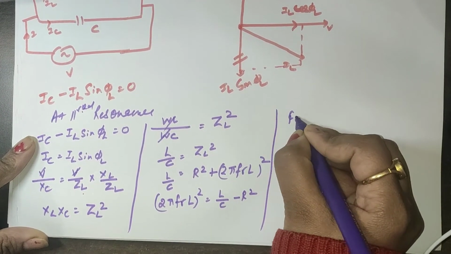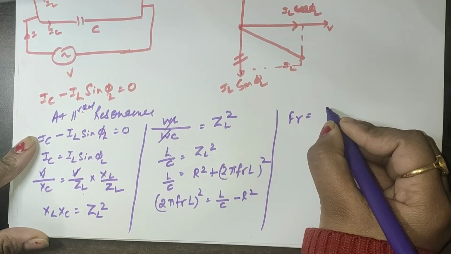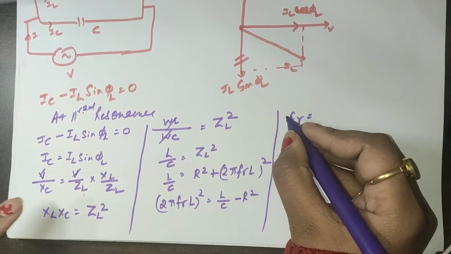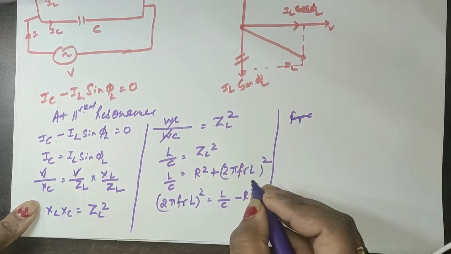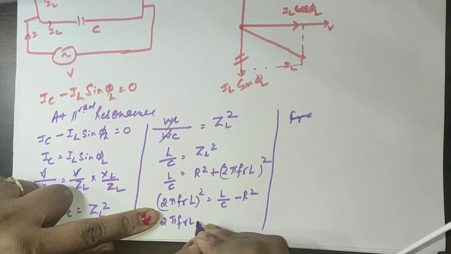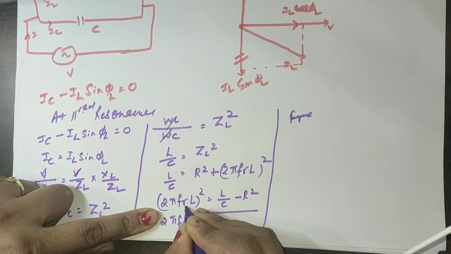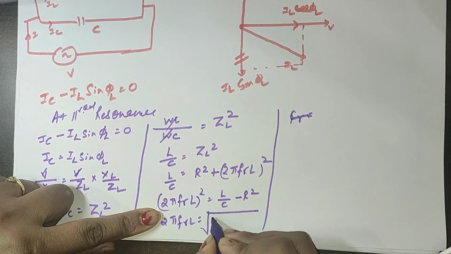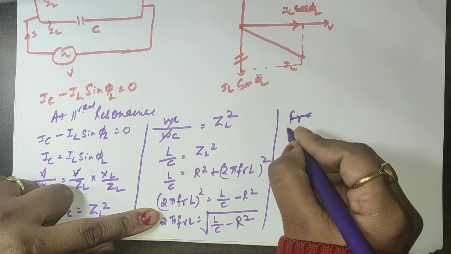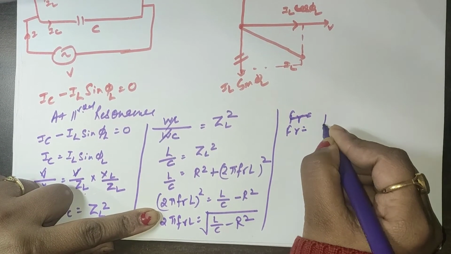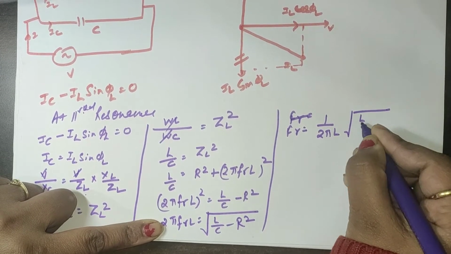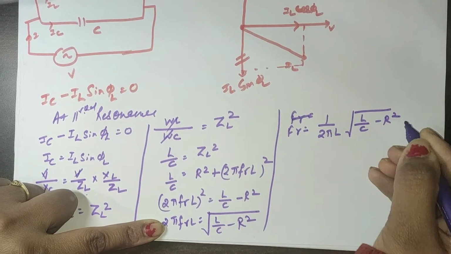So 2 pi FR L equals under root of L upon C minus R square. Now FR will be 1 upon 2 pi L, under root of L upon C minus R square.